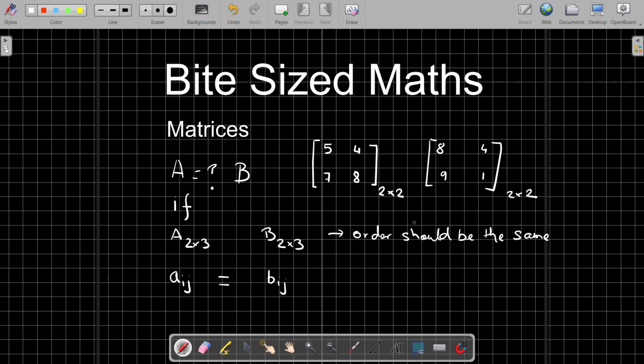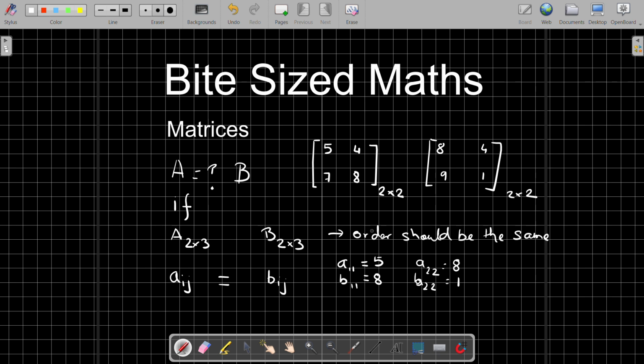However, their associated elements are not the same. If we see, the A11 element is 5, whereas the B11 element is 8. The A22 element is 8 and the B22 element is 1.